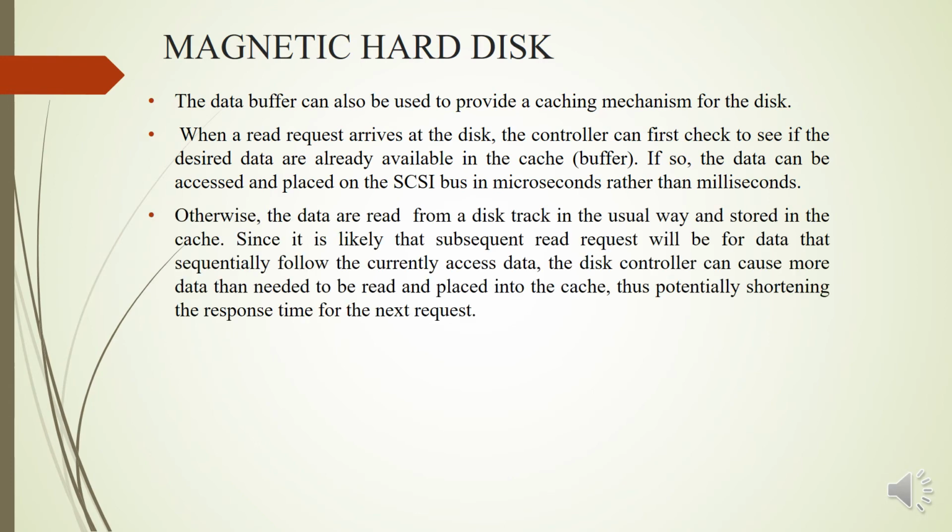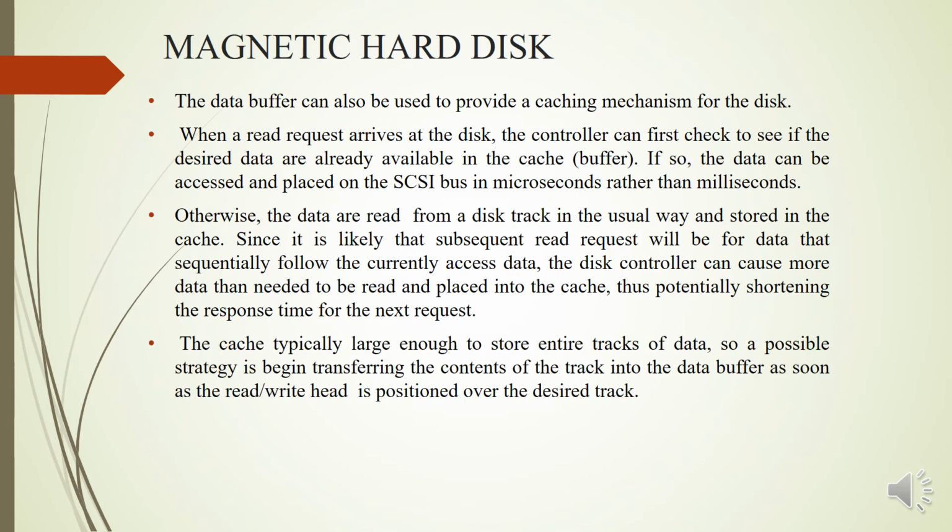Otherwise, the data are read from the disk track in the usual way and stored in the cache. Since it is likely that subsequent read requests will be for the data that sequentially follow the currently accessed data, the disk controller can cause more data than needed to be read and placed in the cache, thus potentially shortening the response time for the next request.